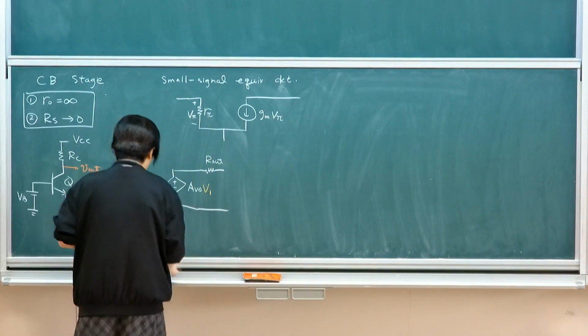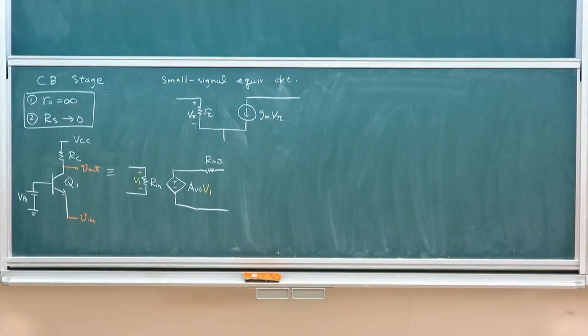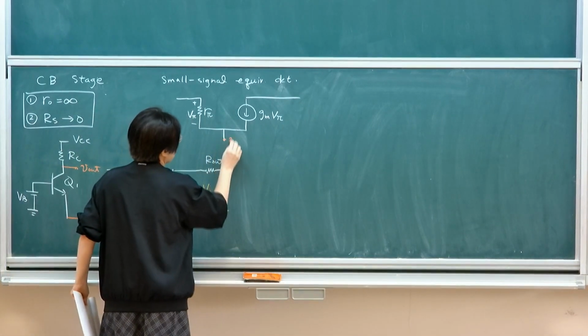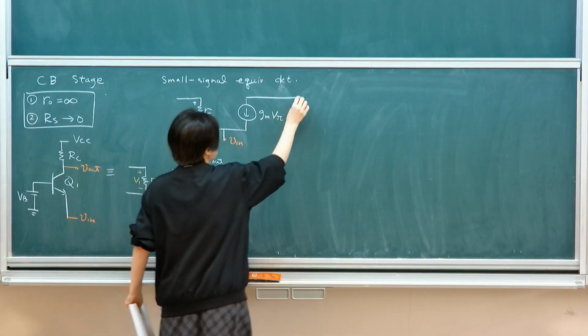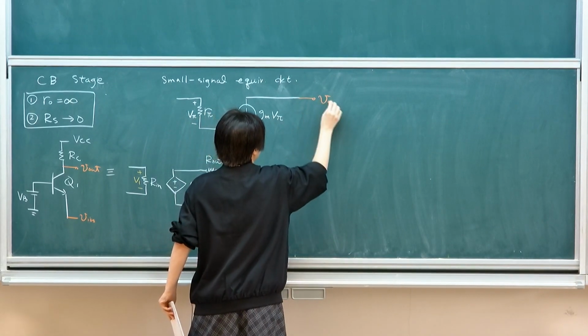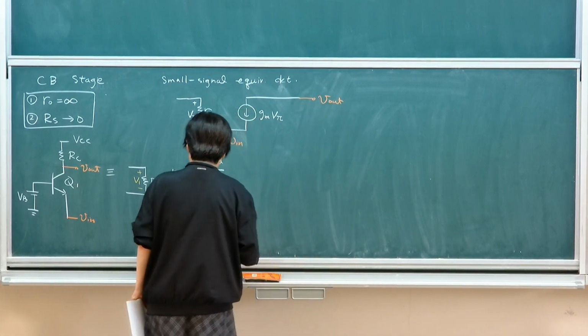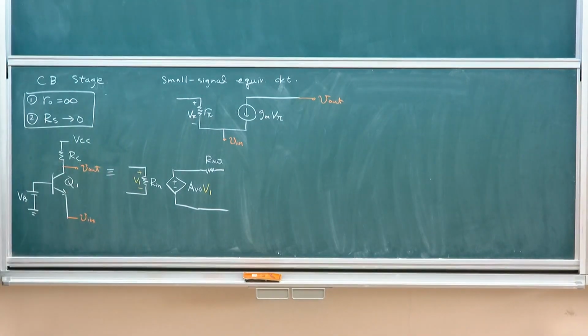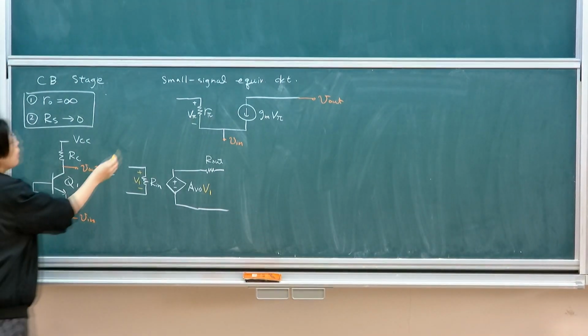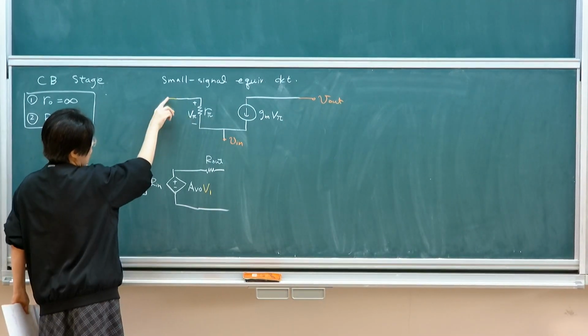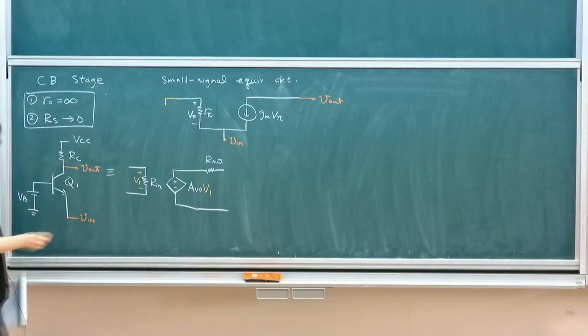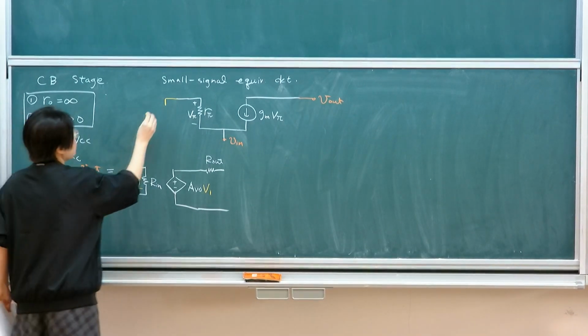So then find out where my inputs are. The input terminal is here. And the output terminal is here. And at the output terminal, externally, this is common base, therefore, it's AC ground.